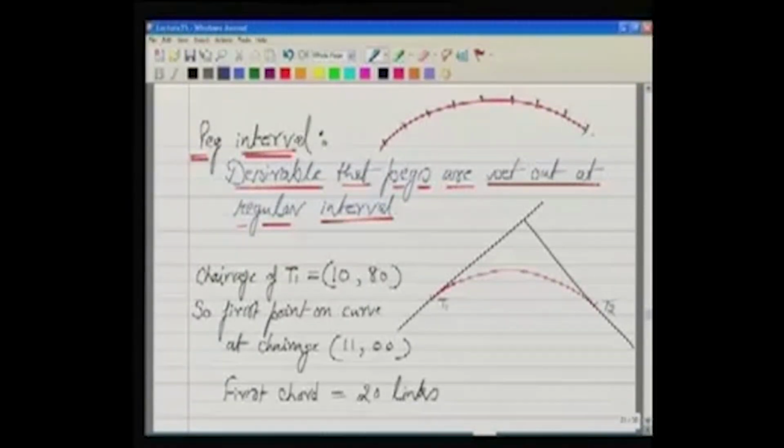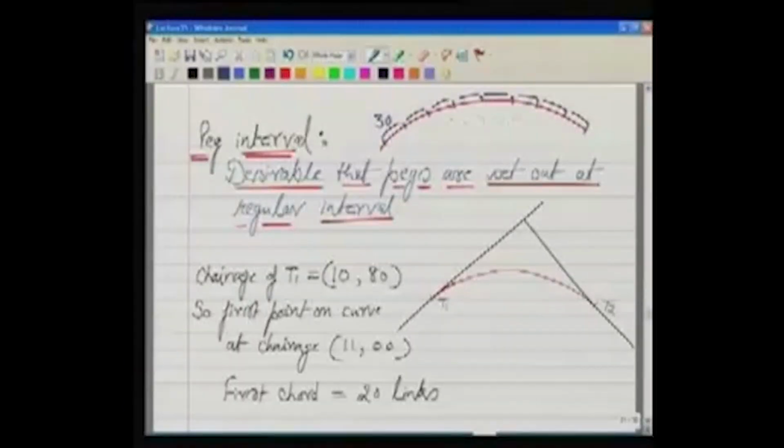What we want is that the distance between these points should be uniform. Generally for large curves, we would like it equal to a chain length or 30 meters. Of course, it depends upon the choice of the engineer working in the field. For a smaller curve, we would like smaller peg intervals, and for a very large curve, larger peg intervals. So the idea is to have pegs at uniform intervals.